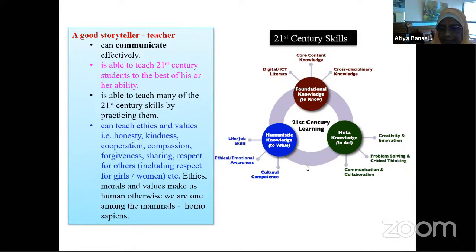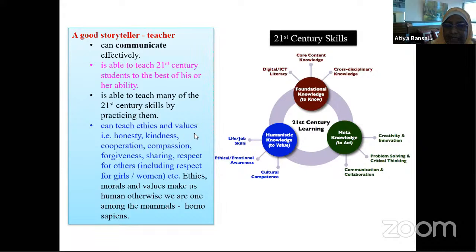21st century skills. We need to teach that also as teachers. A good storyteller or teacher can communicate effectively and is able to teach 21st century students to the best of his or her ability. A good storyteller teacher is able to teach many of the 21st century skills by practicing them.